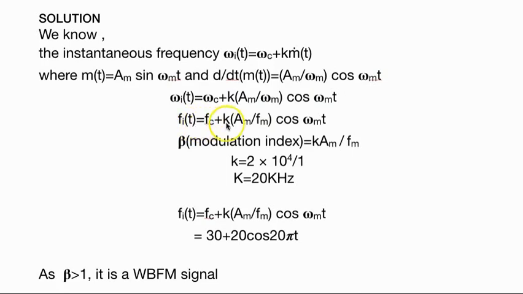Fi is fc plus k Am by fm cos omega m t. Beta is the modulation index, k Am by fm, where k is 20 kHz. And if we substitute these values, we'll get the instantaneous frequency as 30 plus 20 cos 2 pi 20 pi t. If beta is greater, it is a wideband signal.